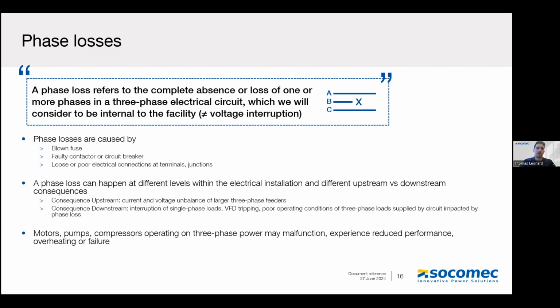And phase loss will create VFD tripping and, in general, poor operating conditions on three-phase machines that are being supplied by that faulty circuit. So all motors, pumps, compressors operating on this three-phase circuit that is experiencing a phase loss might malfunction and experience reduced performance and potential failure over time.